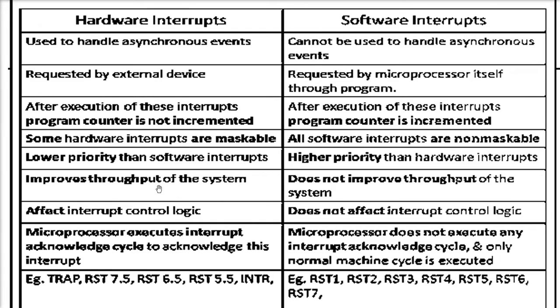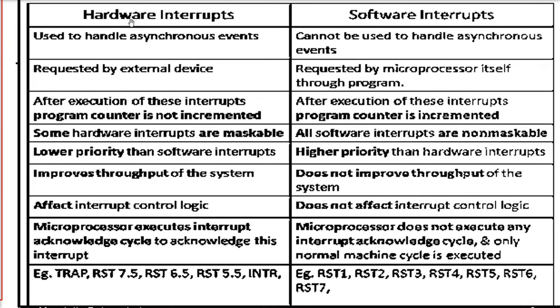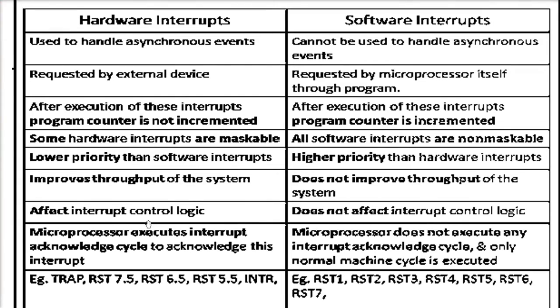Hardware interrupts improve throughput because the devices are giving the interrupts. Software interrupts don't improve throughput because the microprocessor will be busy handling them again and again. Hardware interrupts affect the interrupt control logic; software interrupts will not.